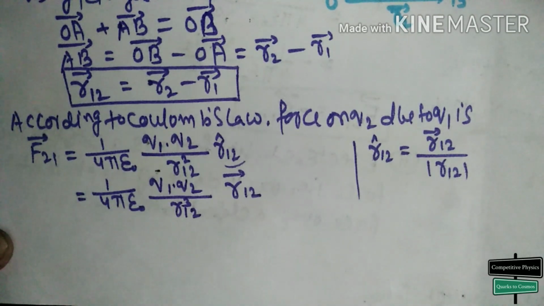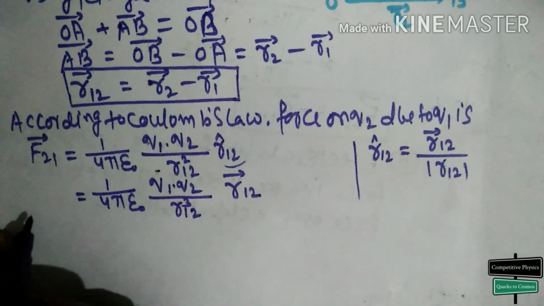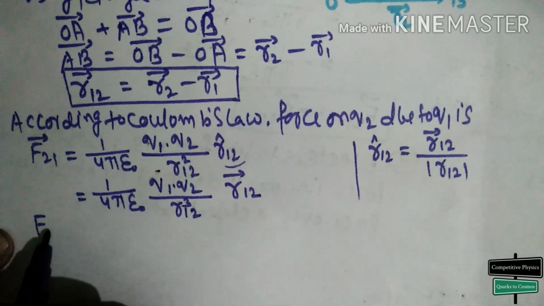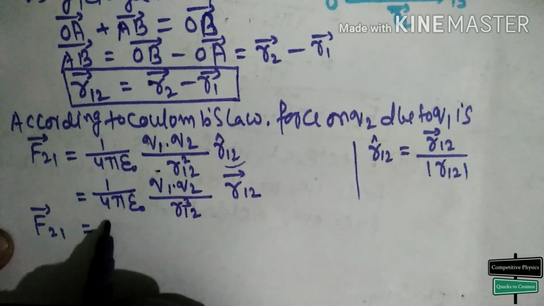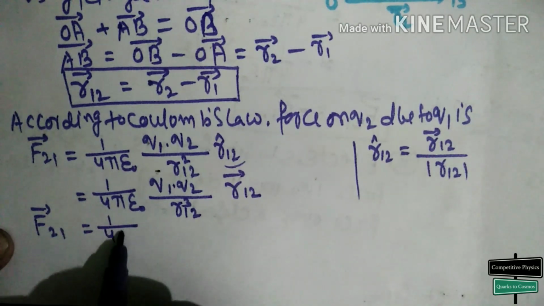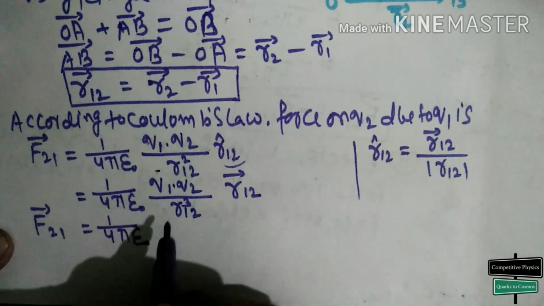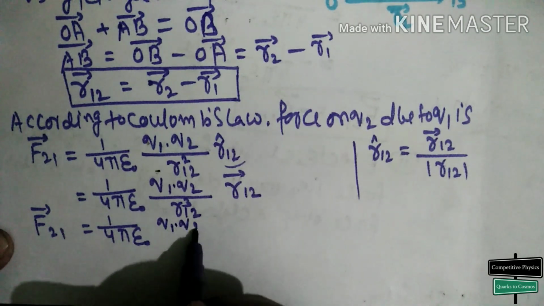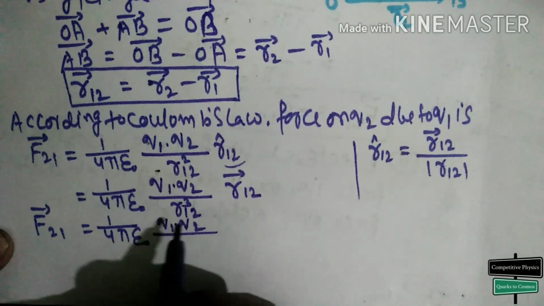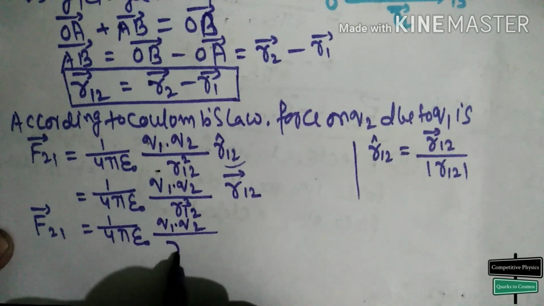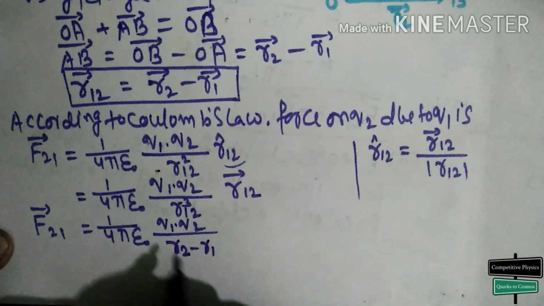Okay, so finally you can write F21 equals 1 upon 4 pi epsilon naught Q1 into Q2 upon, so what is r12? r12 is r2 minus r1.